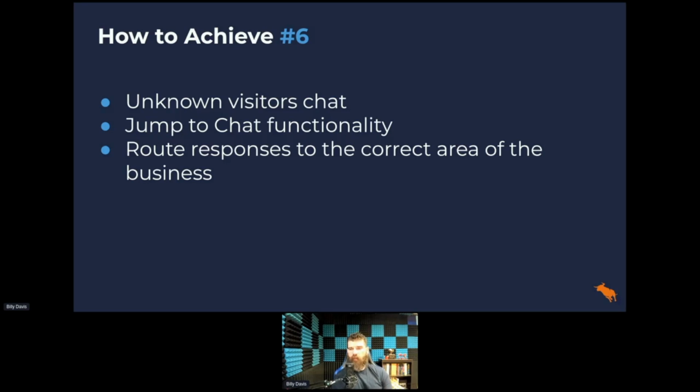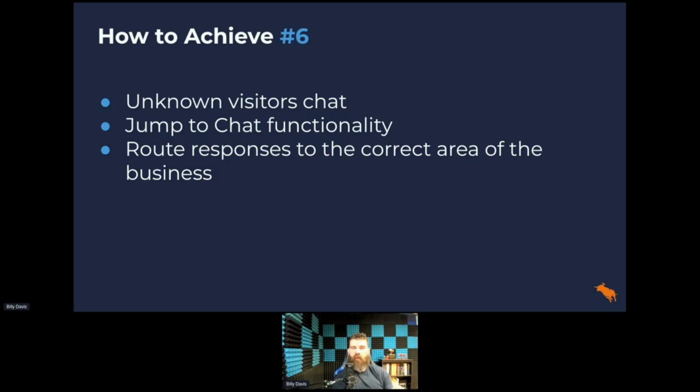The other really interesting way you can use this is if you serve multiple niches or multiple geographies. You can capture that information, and by jumping them to a separate chat depending upon what they select, you can then route the responses to the right person. So if you have account manager A who oversees hiring in the Midwest, and a client or candidate answers questions in a way that indicates that's what they're interested in, you can route the responses to that person.